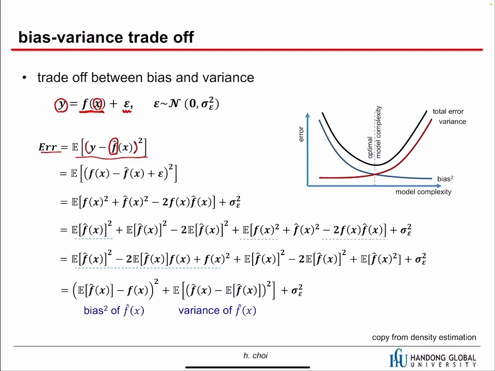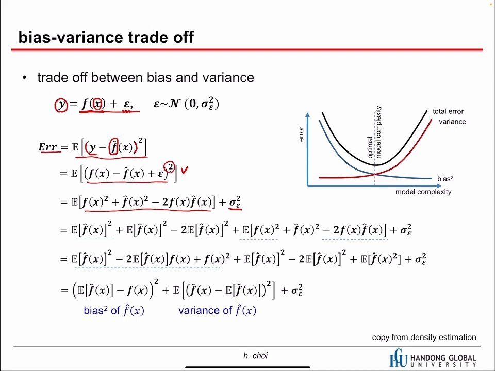That is our error. In this case, we can replace y with this equation. So now we got this line. And then we can rearrange these quadratic equations. We just extracted all the terms from this square.